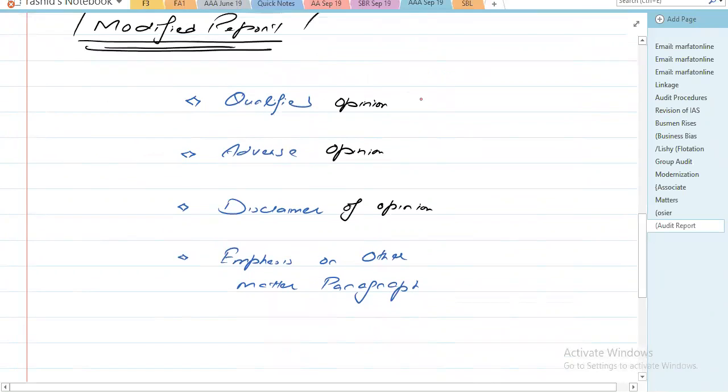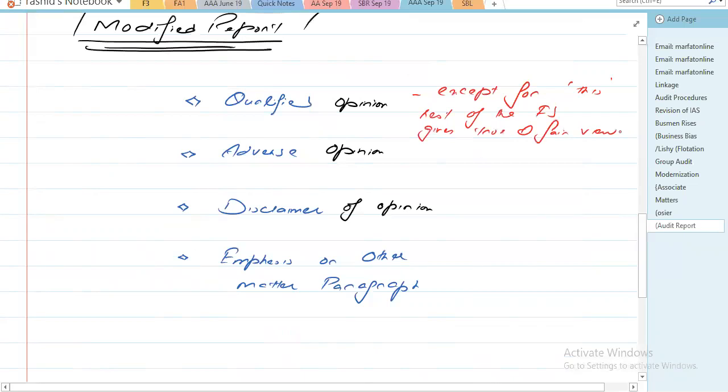So if we say that except for this, now this can be anything, any qualification we are going to make. For example, I say except for inventory, rest of the financial statement gives true and fair view. Now I have expressed an exception, or I have made a qualification that, okay, except for the inventory, rest of the financial statement gives a true and fair view.